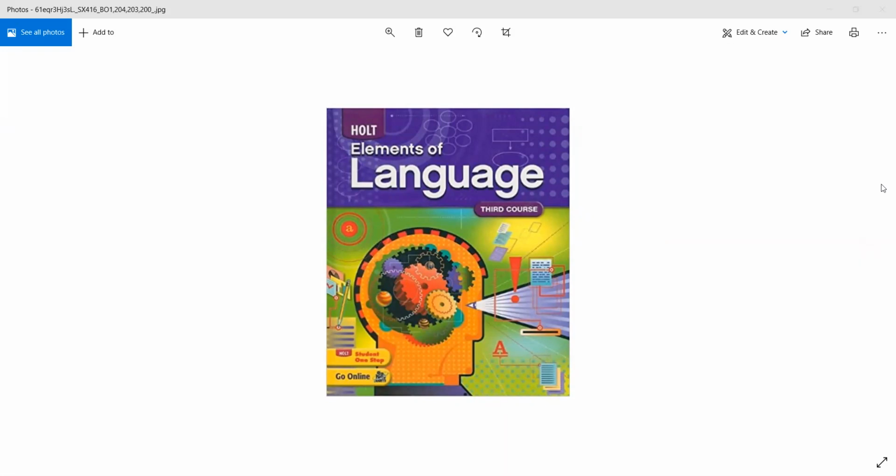It should be like 44 BC. Yes, BC goes after the number. All right, number three. Harun al-Rashid, whose reign is associated with the Arabian Nights, ruled as Khalifa of Baghdad from 786 to 809 AD.